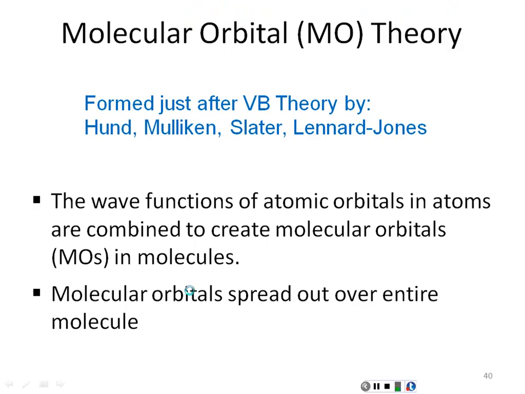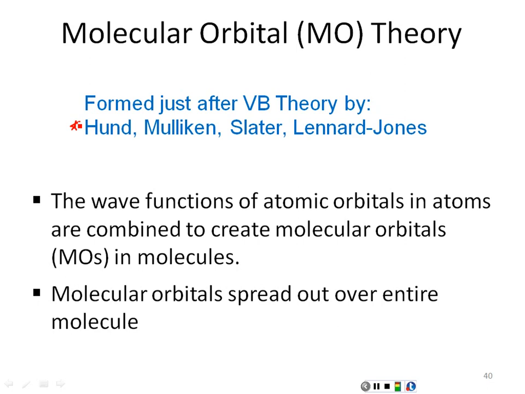Molecular orbital theory was developed just after valence bond theory, and it was developed by a lot of very important people in quantum mechanics, and you should recognize this name, Hund. That's the Hund from Hund's rule.